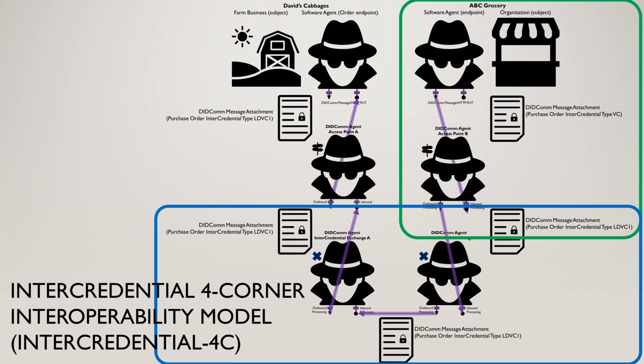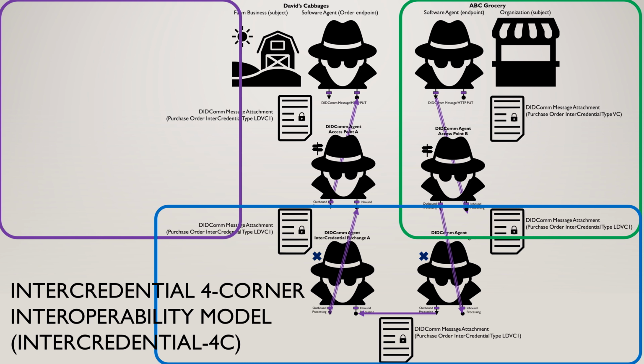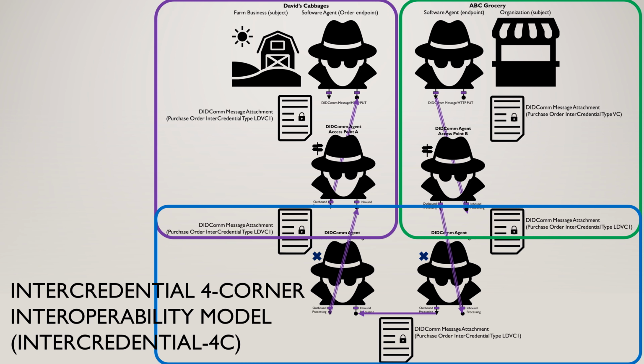And that's going to be received by credential exchange agent A that's paired with access point A. Access point A is going to receive the credential, and it's responsible for taking the LDVC1 formatted credential and just passing it straight up to David's Cabbages, because David's Cabbages, as part of the contract, understands LDVC1s. So this works very slickly, and of course, if anybody had yet another format, that's just another access point that needs to be added to the diagram.